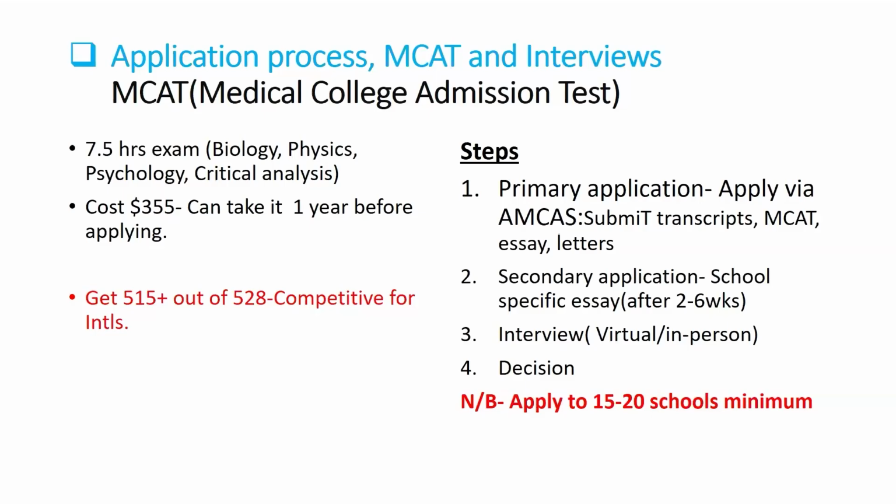If your application is accepted, you will receive an email telling you to complete your application. So we have the primary part of application and the secondary part of application. After your primary application has been accepted, you will receive an email saying please complete your secondary part of application.